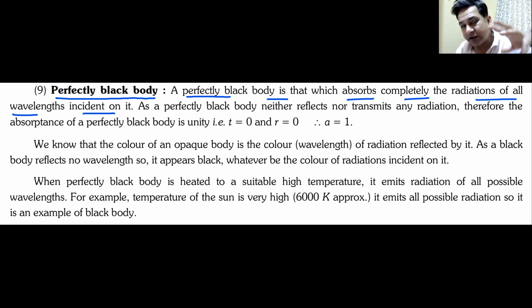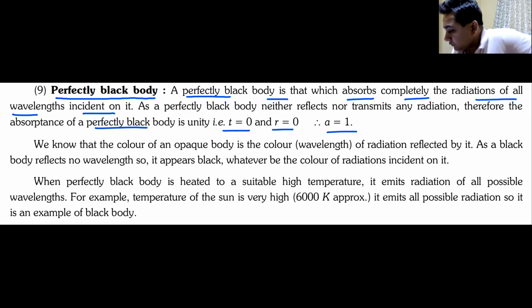So if we have a body which can absorb everything that falls onto it, all radiation that is falling onto it is absorbed by this body. A perfect absorber, I must say. Instead of calling it a perfect absorber, we can call it a perfectly black body. T is 0, R is 0, and the value of A is 1. Do we understand this? I have written this.